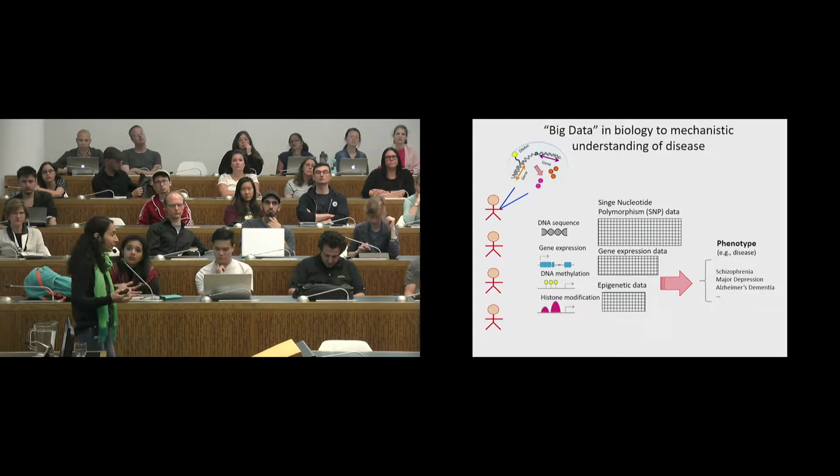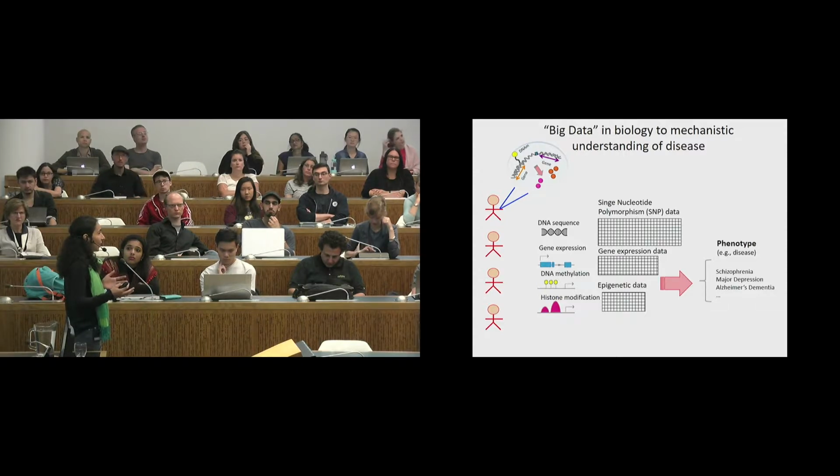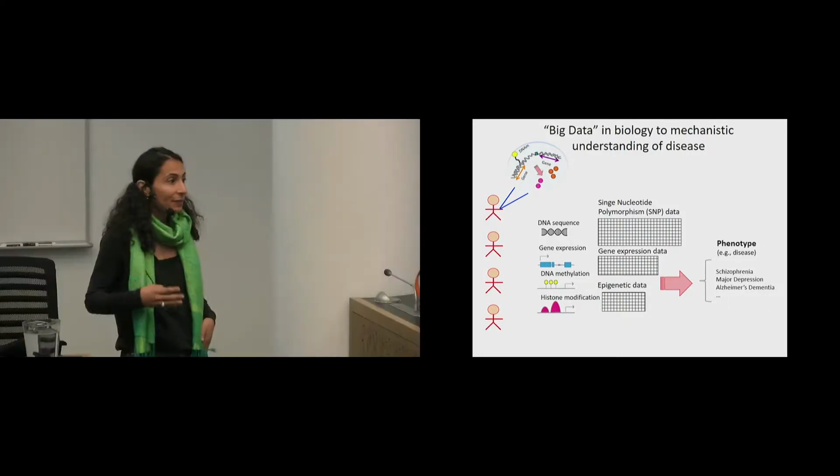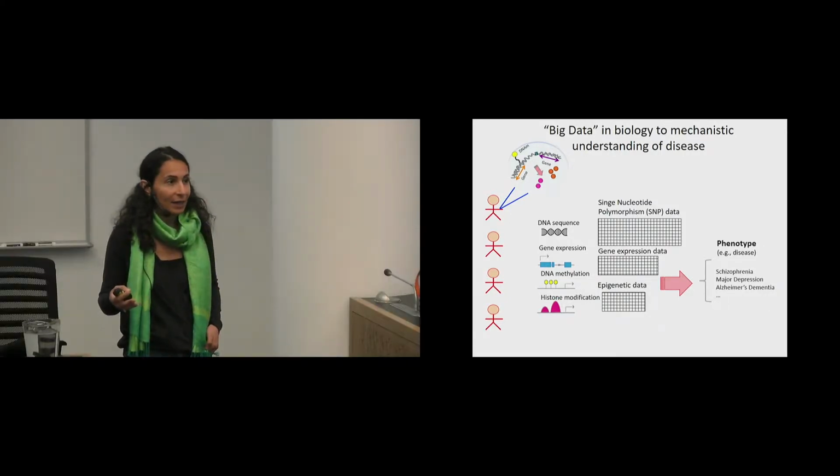So broadly speaking, of course, sequencing data, genotype data, is static. You only have to measure it once for a given person, and it doesn't really matter which tissue you took. Generally speaking, the genome is the same across all their tissues and cell types. But what does vary is gene expression and epigenetic data. So we're taking snapshots of these dynamical systems to try to understand which genes are expressed in which tissues and at what time.